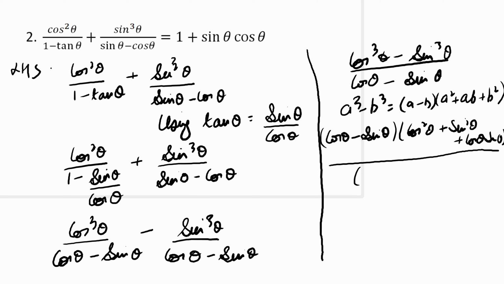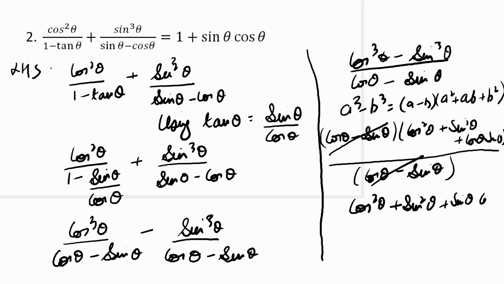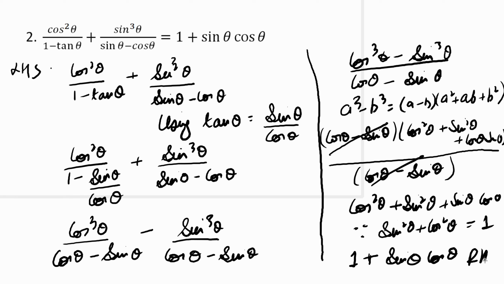In the denominator we already have cos theta minus sin theta, so this will cancel out. We are left with cos square theta plus sin square theta plus sin theta cos theta. Now since sin square theta plus cos square theta is equal to 1, it turns out to be 1 plus sin theta into cos theta.